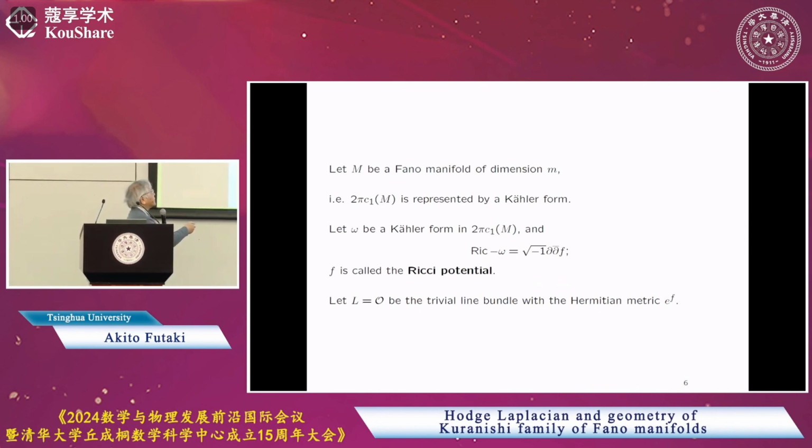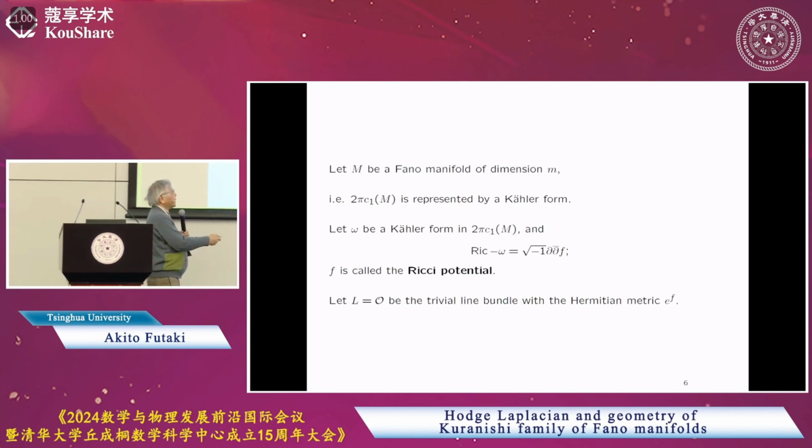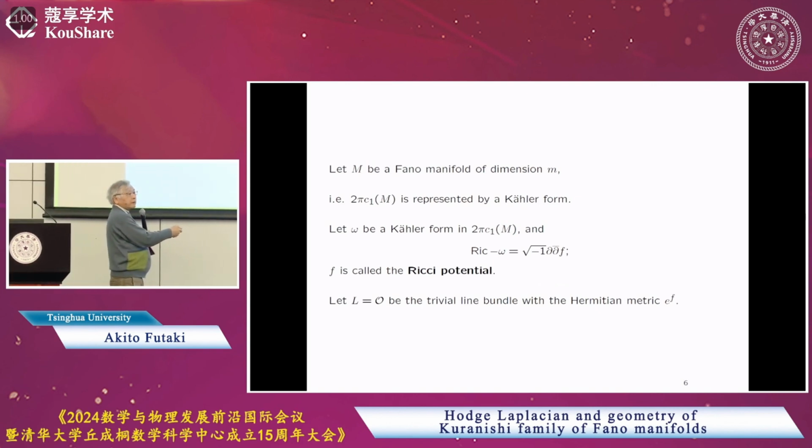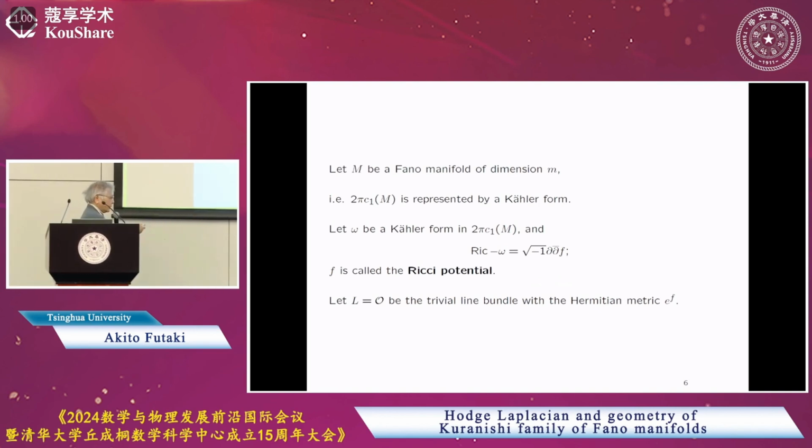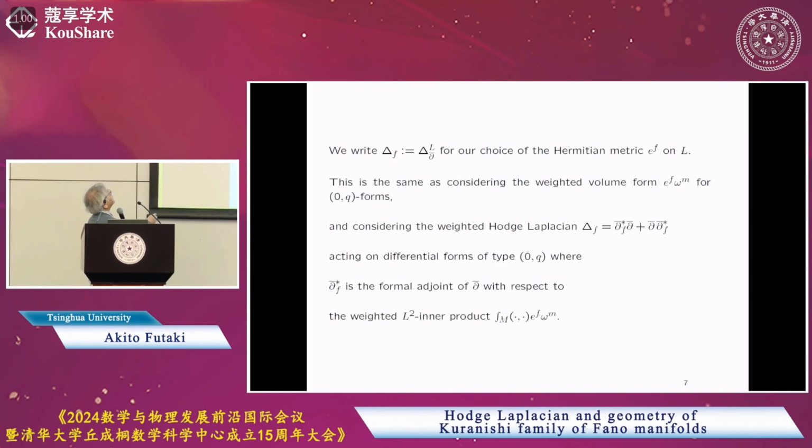So the difference is d d-bar of some function F, which is called the Ricci potential. And then I take L to be the trivial line bundle and the metric h to be exponential F. And then we use the same formula of the Kodaira vanishing.